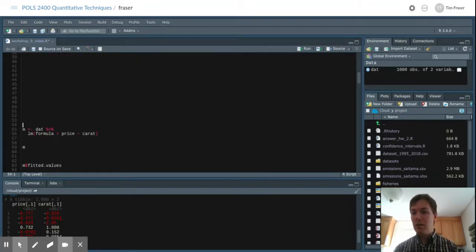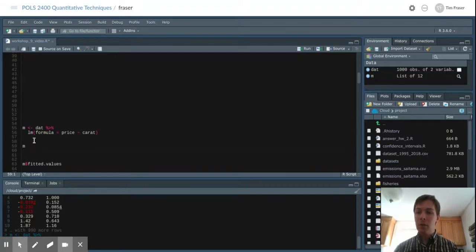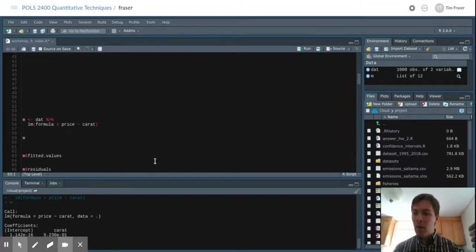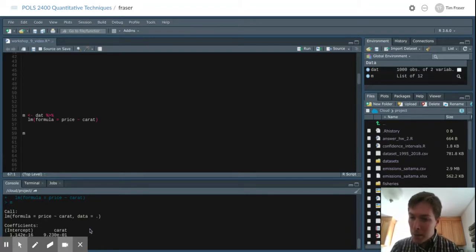We can now run this model right here, much like you've done before. And you'll see that it created m. Let's check out m. Okay, so it looks like when we run m, we get the model equation, which suggests that, let's see, our intercept value tells us what price we would expect to get if nothing else really mattered.